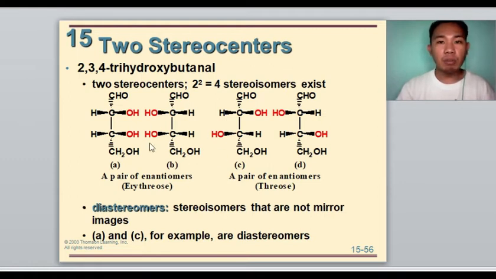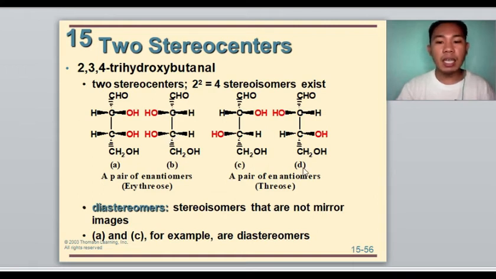Enantiomers A and B are named erythrose. Erythrose is synthesized in erythrocytes, or the red blood cells, thus the derivation of its name.